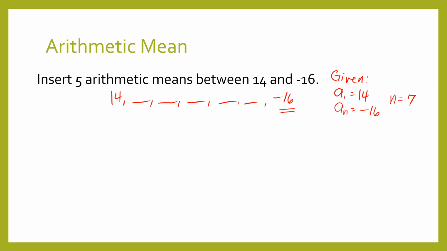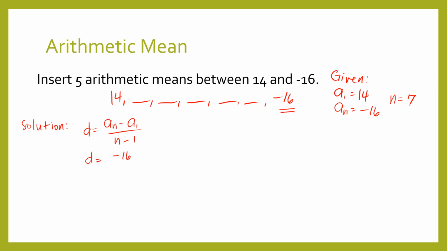Now, how will you find the terms in between 14 and negative 16? So you have first to find out the common difference between these two. Common difference again is equal to a sub n minus a sub 1 over n minus 1. So our common difference is equal to, what is a sub n?